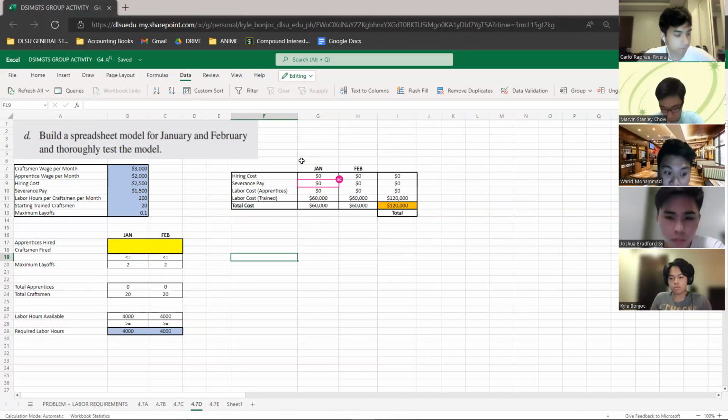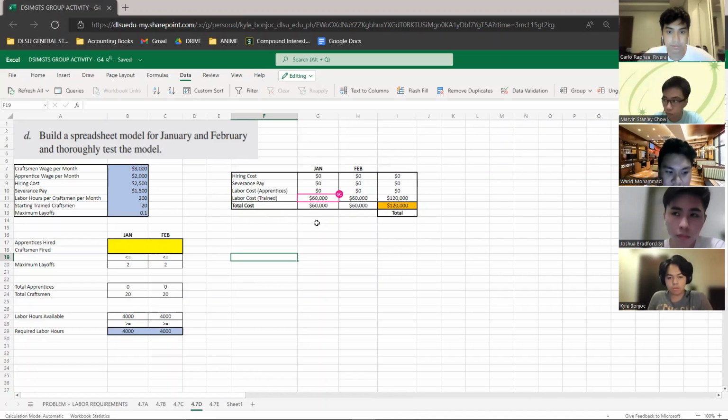Along with this, labor costs for apprentices are obtained by multiplying our apprentice wage for the month at $2,000 by our total number of apprentices for that month. And finally, a similar format follows for labor costs of trained craftsmen, leaving us an initial amount of $60,000.